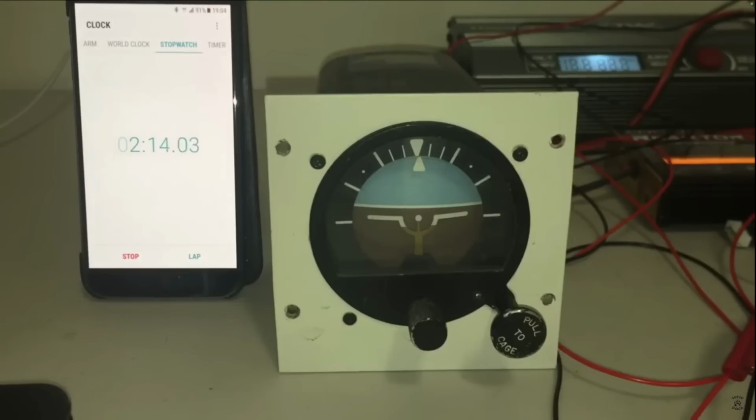Recall, if this was rigid in space, the attitude indicator would maintain this reading no matter how much time went by.